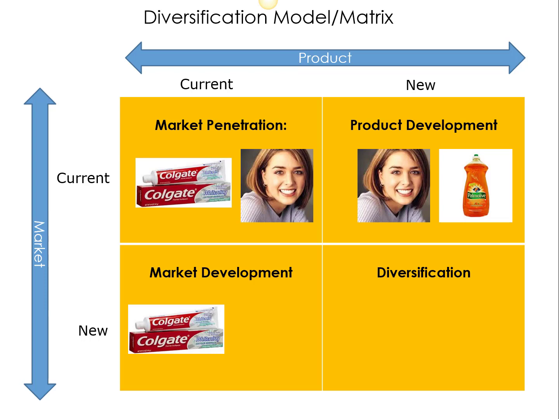And so when they were looking for additional strategic opportunities, they started to look outside of the United States. One country they identified in particular was Mexico. So for them, for Colgate, they decided that they were going to develop a new market by going into Mexico and selling Colgate toothpaste. Okay? Market development strategy. Now, diversification then is your new and your new.